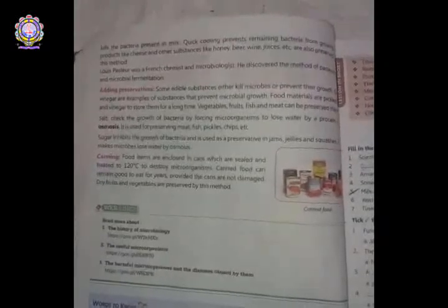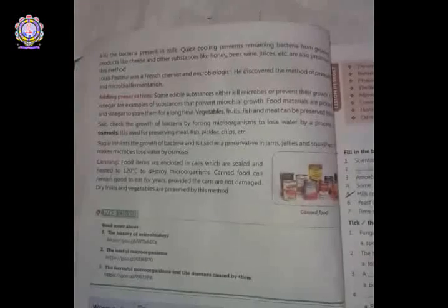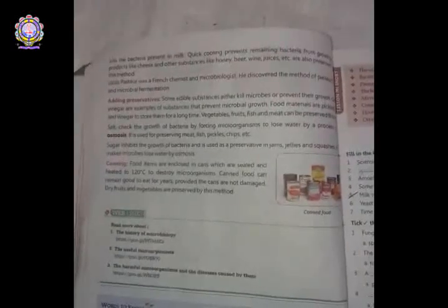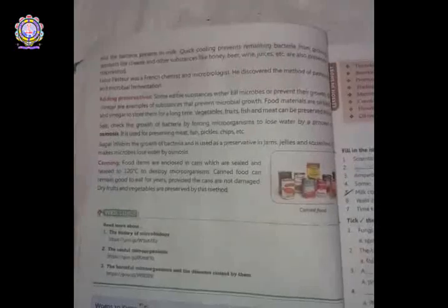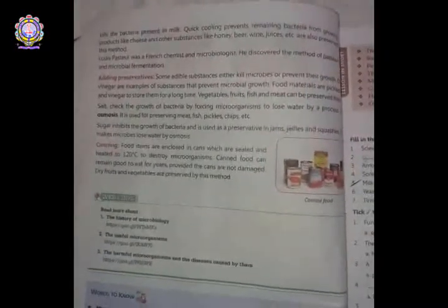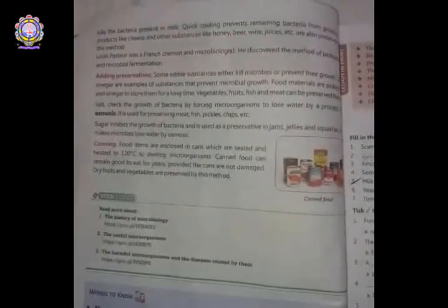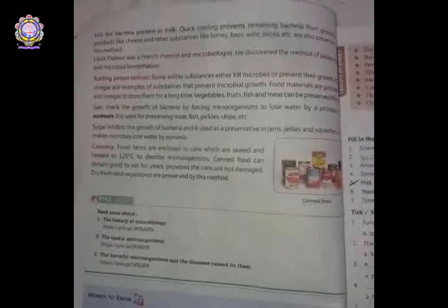But their life is only 6 months or 1 to 2 years, so it is used in packing these days.